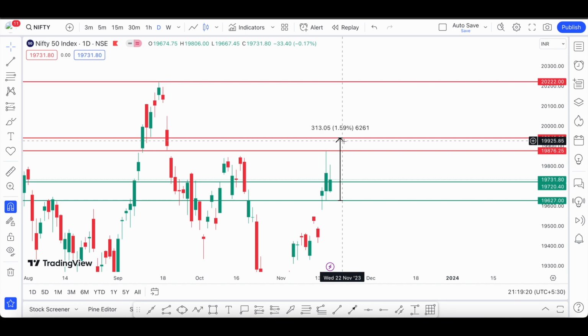If I get wrong at these stages, it will not affect me, because the trades which I plan are according to my risk management.